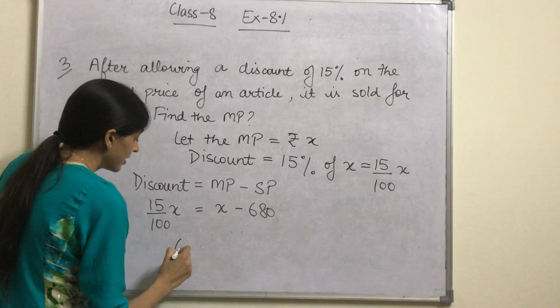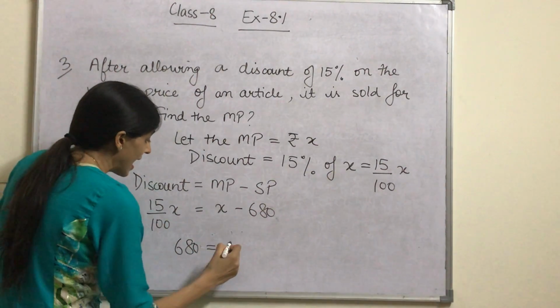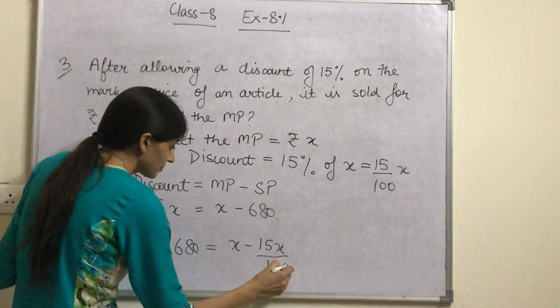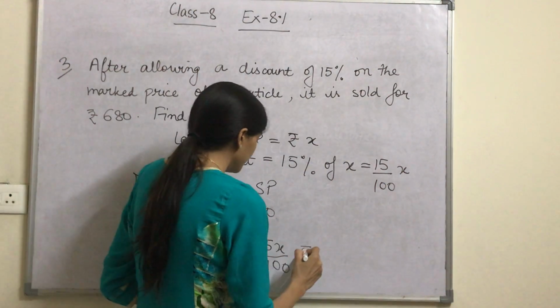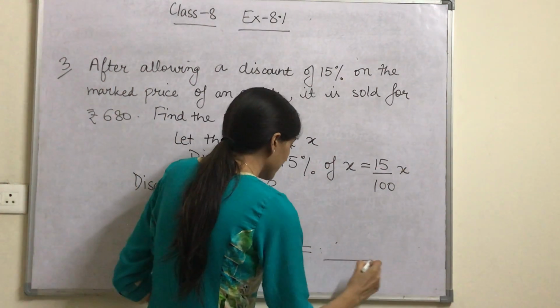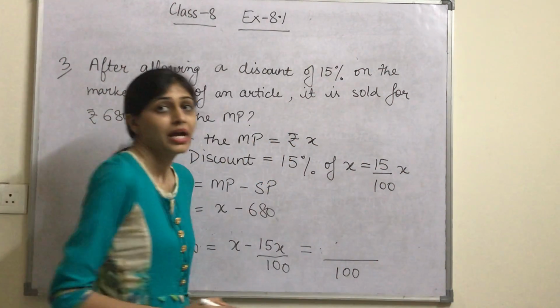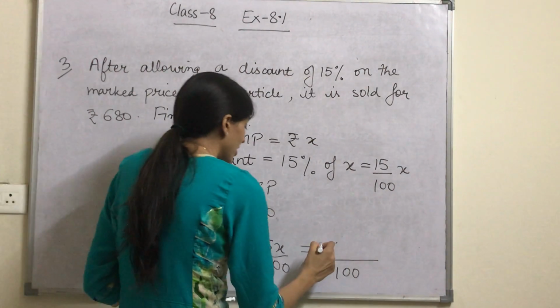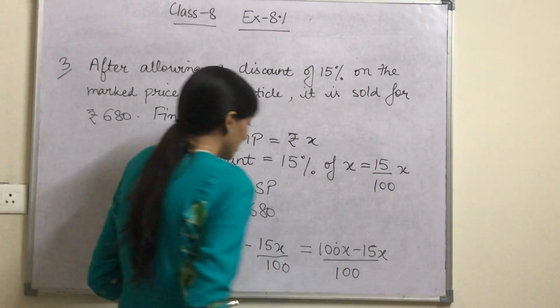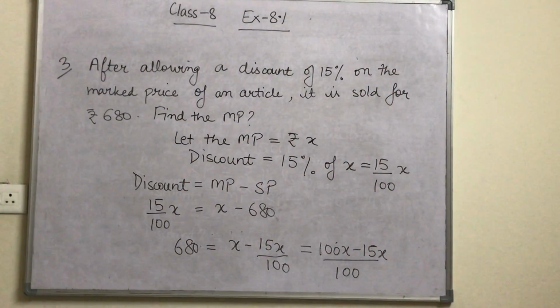Take this constant to this side and variables to this side. It will become, take the LCM, it will become 100x minus 15x, right? We are doing it on the top.